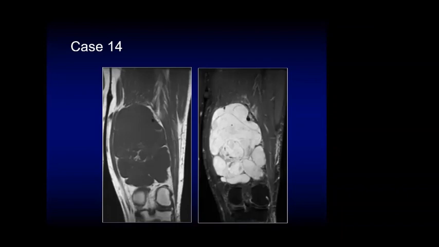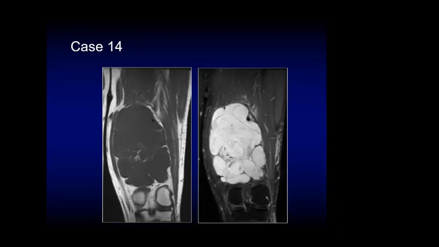No, this is just coronal T1 and T2. Coronal STIR means that the fat is suppressed, yeah, it's inversion recovery. So it is suppressed. But it is multiseptated, I think it is complex.